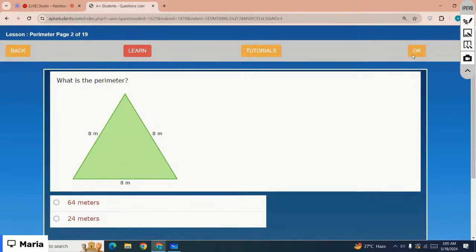What is the perimeter? You need to add up all the side lengths. So the correct option is, yes, 24 it is. You just have to add all the side lengths. So the correct option is 24 meters.